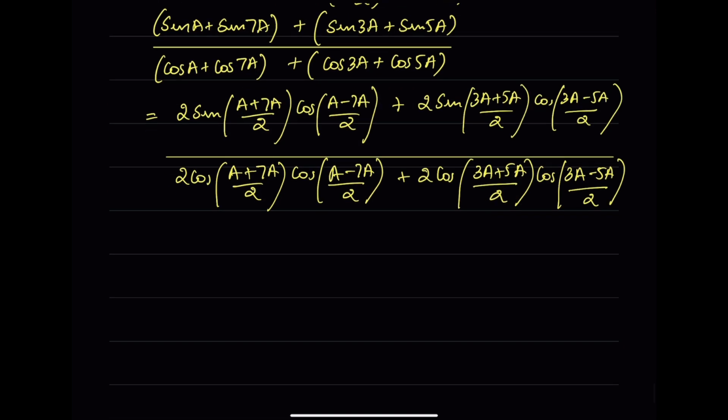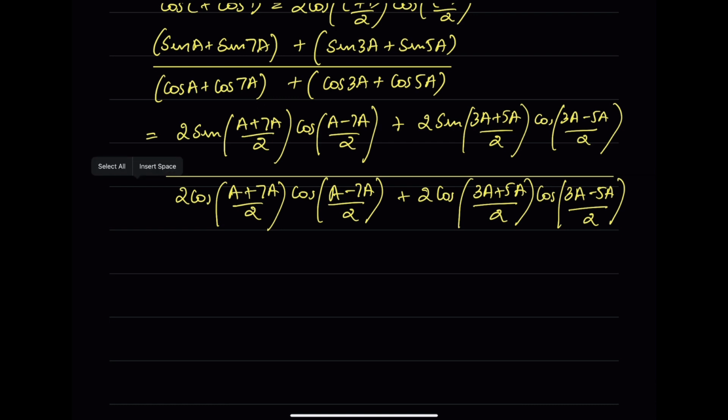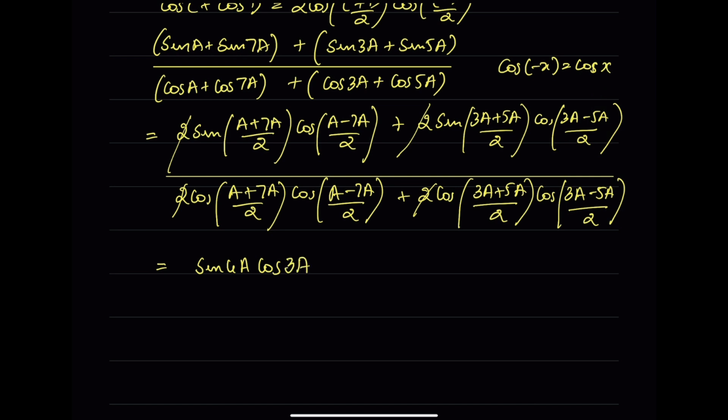Now let's simplify this equation. The first part that we can simplify is cancelling all the 2's. So they go away, and then this can be changed to sin 4A and cos of A minus 7A, which is minus 6A by 2, so minus 3A, and cos of minus x is cos x. So we can write this as cos 3A.